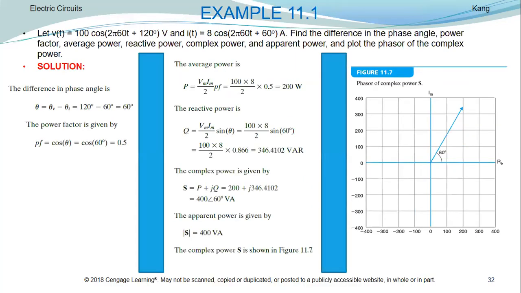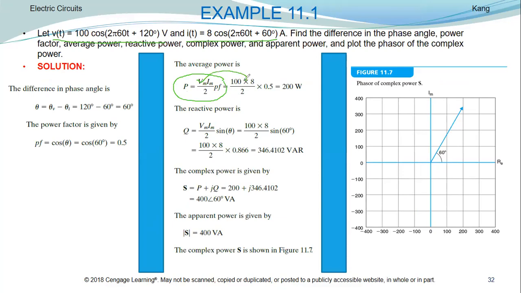Okay, moving towards 11.1. Let Vt equal this one and It equal this parameter. Find the phase shift. As we know, P equals Vm divided by 2 with Pf.